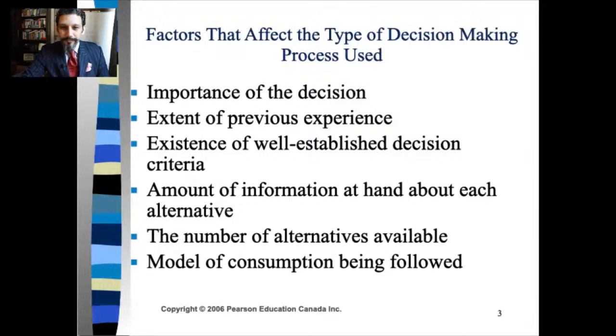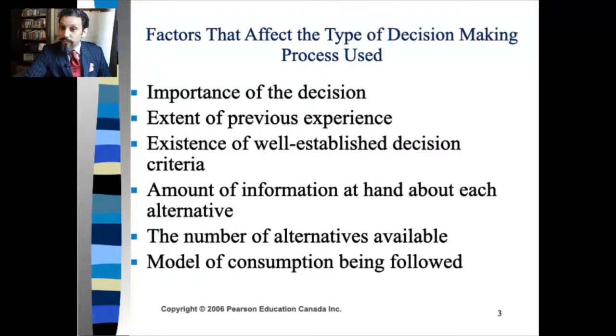The existence of a well-established decision criteria: if you work in an organization or in your family or household, you've got a decision-making criteria set, things that you need to look at, then your decision making will be much faster and easier.